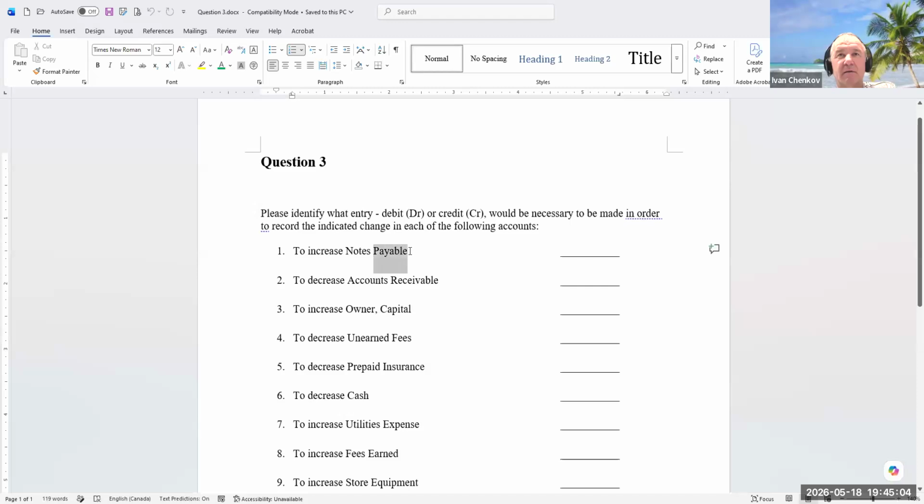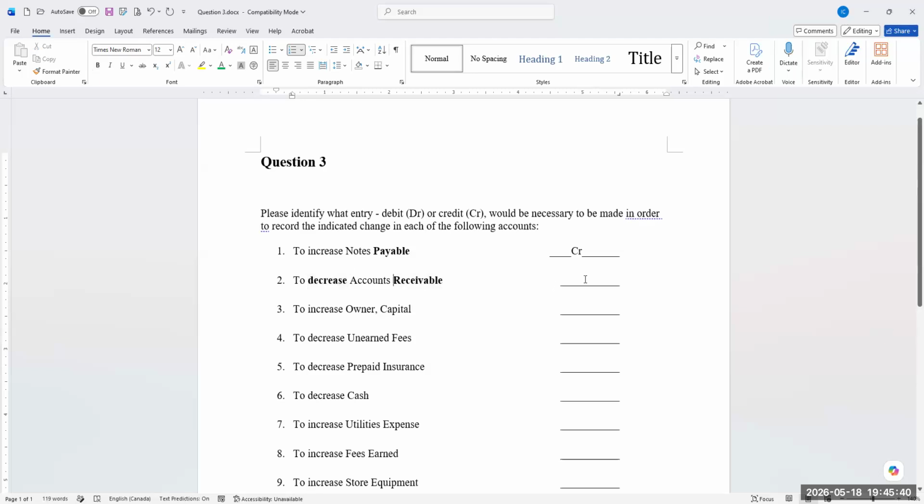Payable makes it a liability. Normal balance is credit. So if I want to increase notes payable, we credit it. Now accounts receivable. Since it's a receivable, that makes it an asset account. If I want to decrease an asset account, I need to credit it.